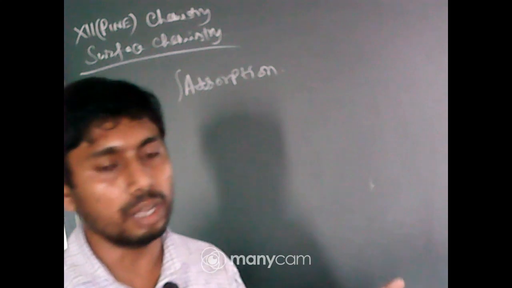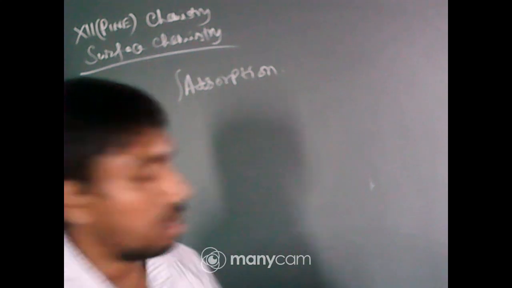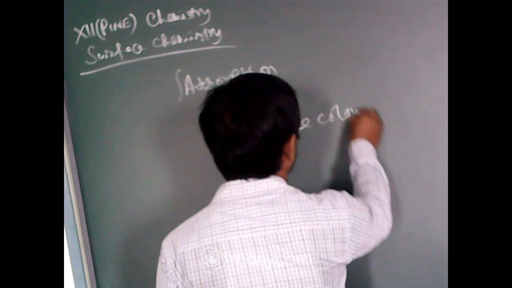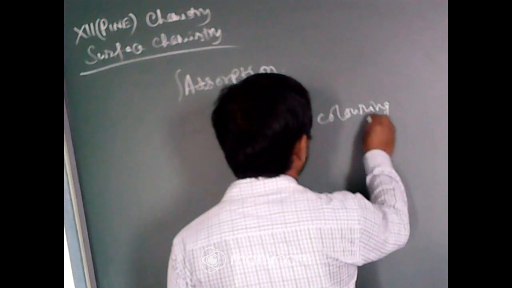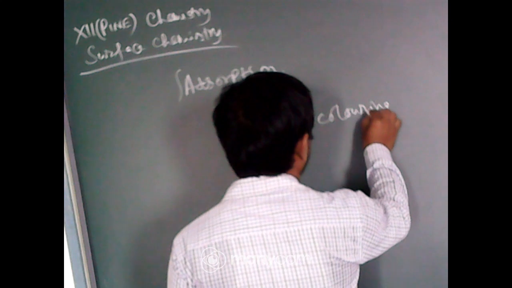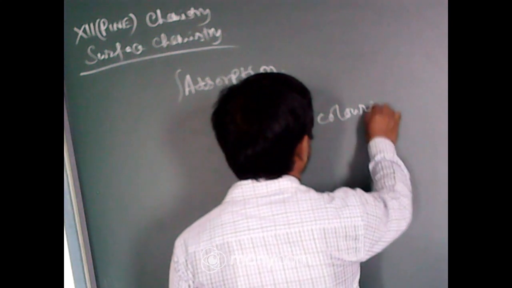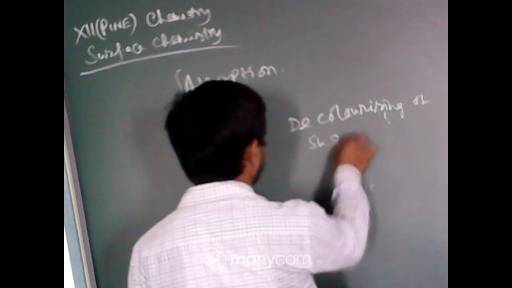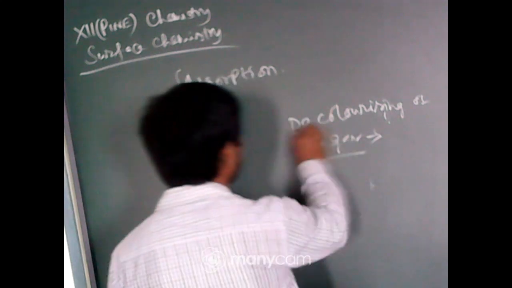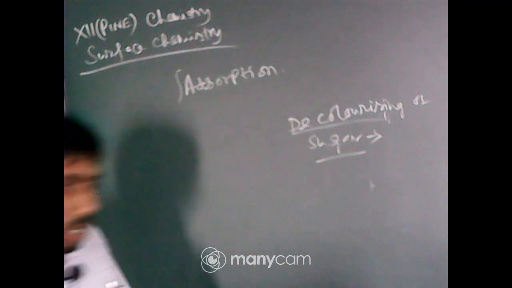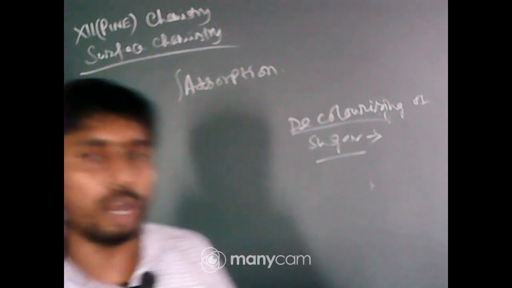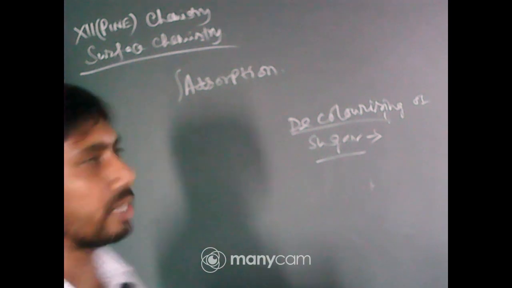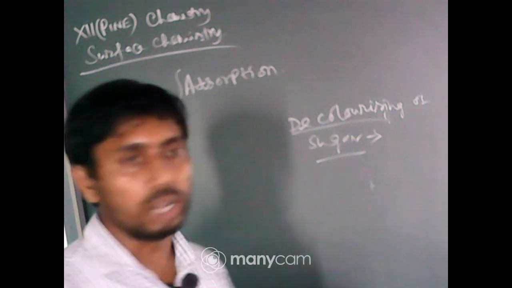In the decolorizing of sugar, animal charcoal is used because it absorbs the coloring substance present in it and gives a fresh color to the sugar.